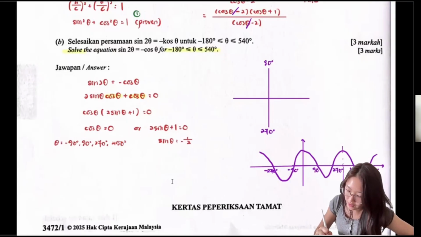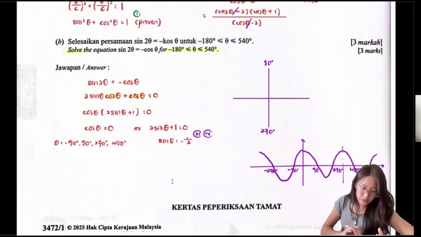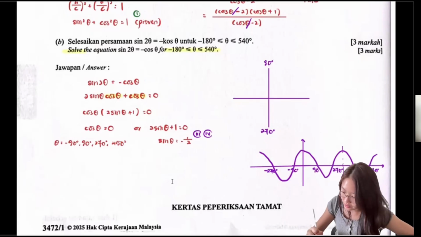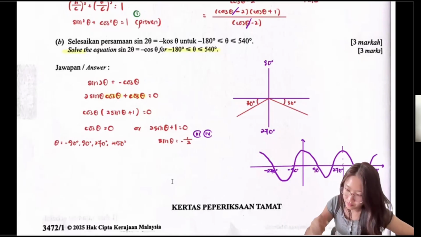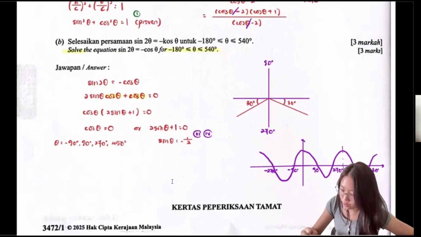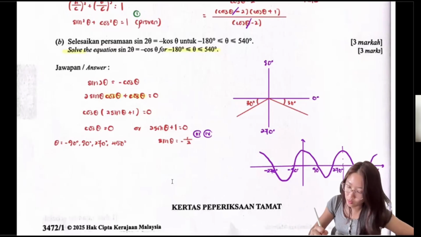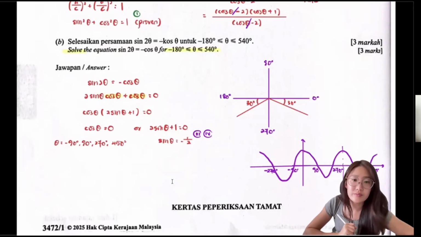Okay, next one. Sine is negative at quadrant 3 and quadrant 4. Okay, shift sine 0.5 gives you 30. 30 is your reference angle. Here and here. Okay, so if you are turning anti-clockwise, this is positive angle.